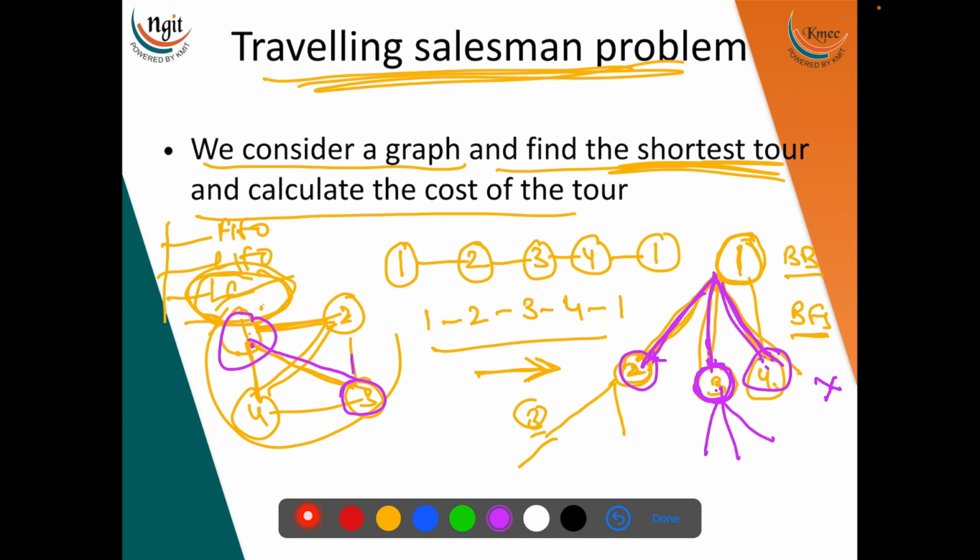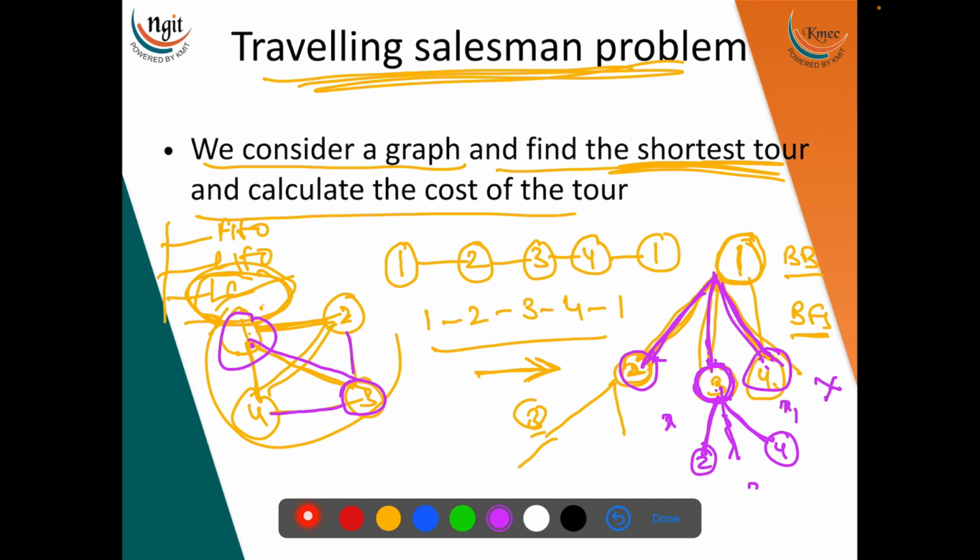So he can go 3 to 2, or else 3 to 4. Now you have to calculate the cost from 3 to 2 or from 3 to 4. If you find the cost between 3 to 2, you'll get one figure, let us suppose x, and 3 to 4 has a cost of x1.